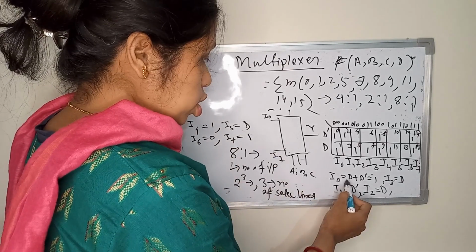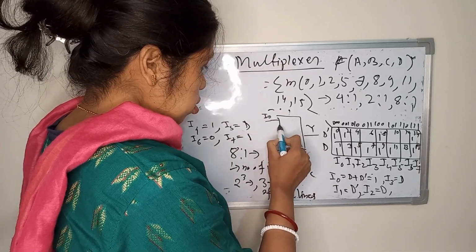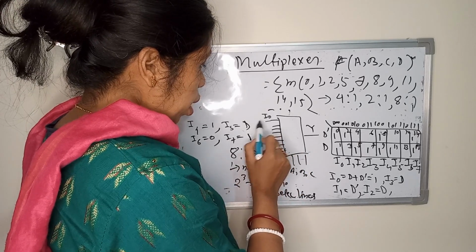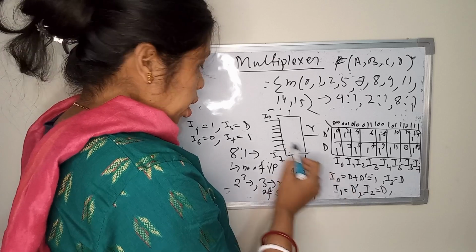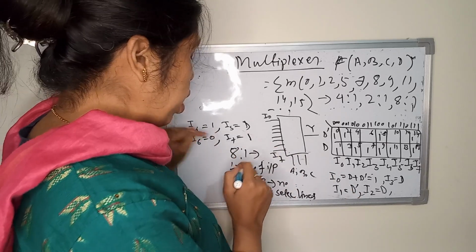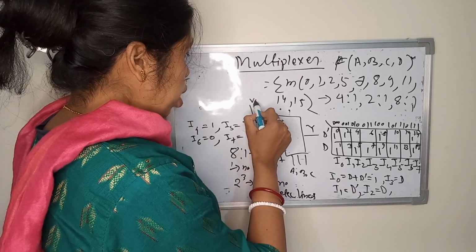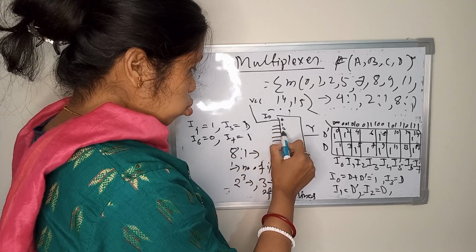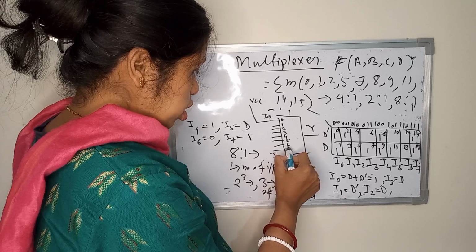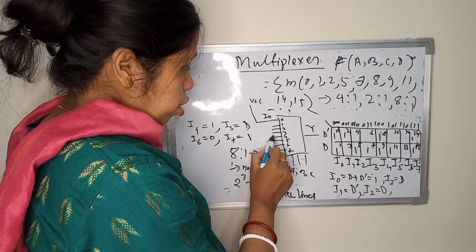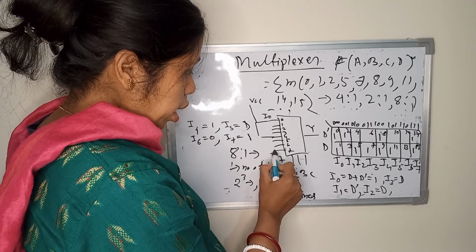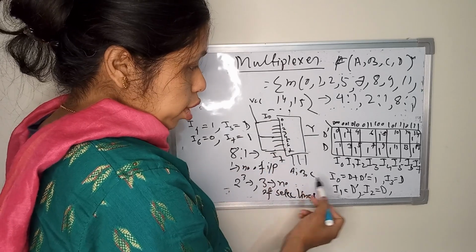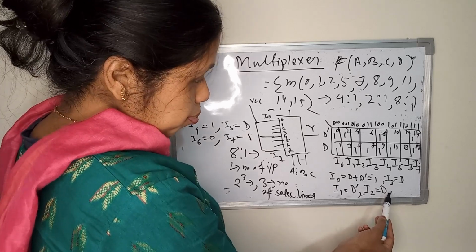So I0 is 1, and the terms which are 1 are I0, I4, and I7. I have to connect the select lines A, B, C with I0 to I7: 0, 1, 2, 3, 4, 5, 6, 7. I0, I4 and I7 should be connected with 1.